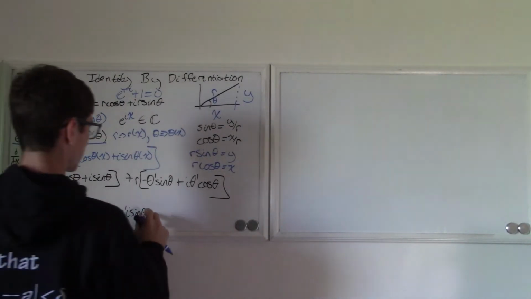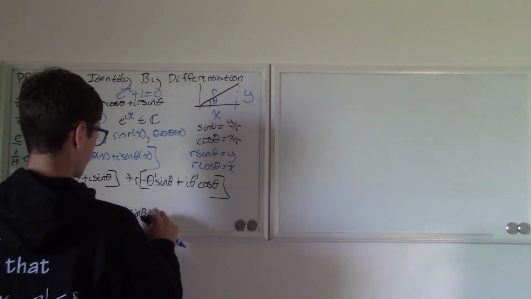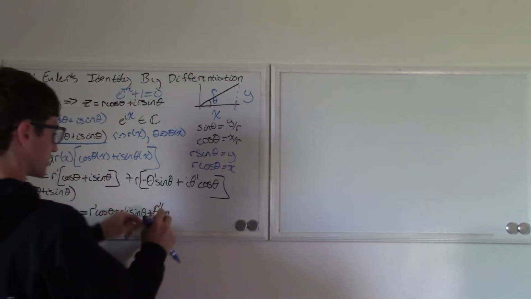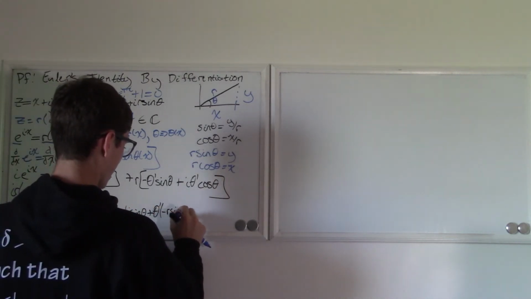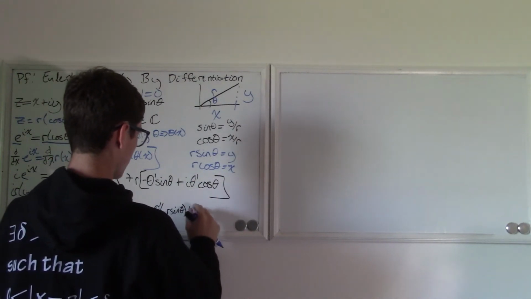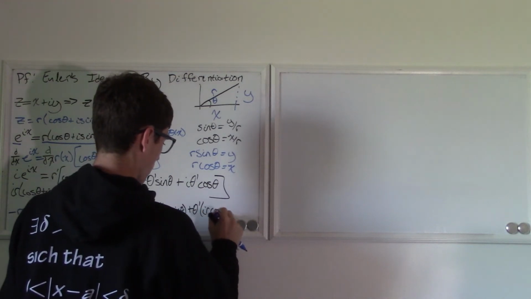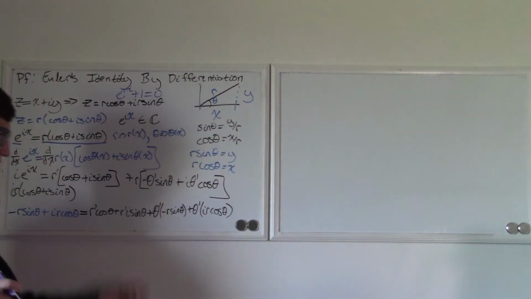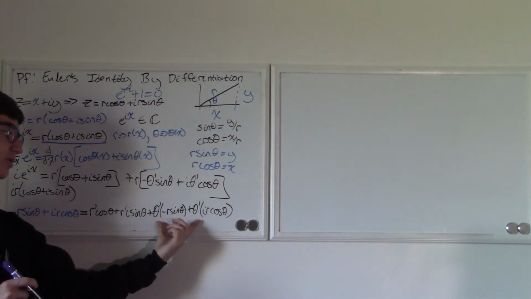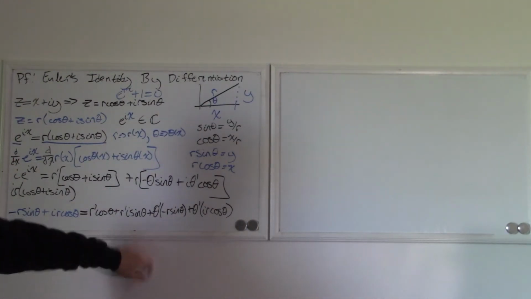Plus, I'm just going to write r primes first, theta prime times negative r sine theta plus theta prime times i r cosine theta. So I just distributed r to this. You'll see why I kept r theta primes out front. Okay, so now we've done this.